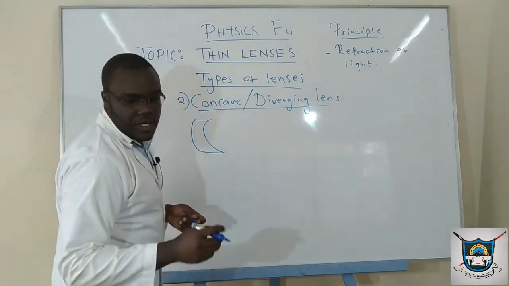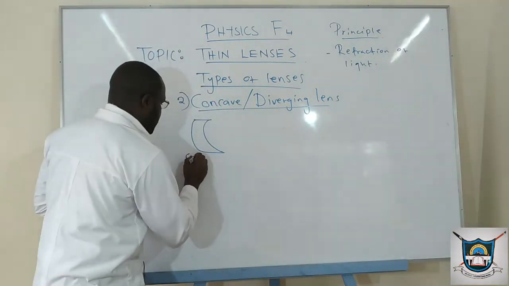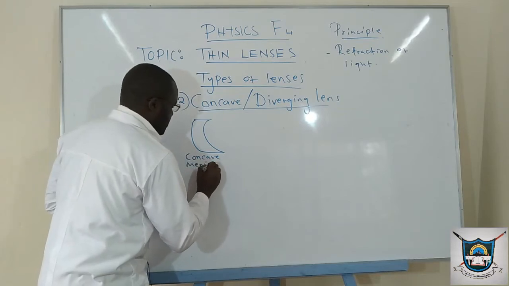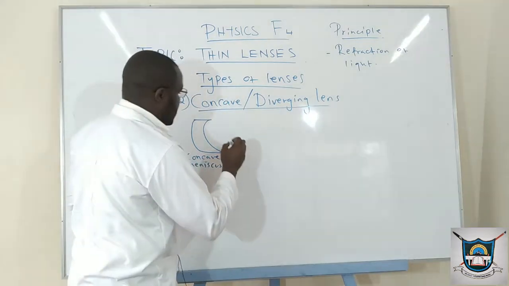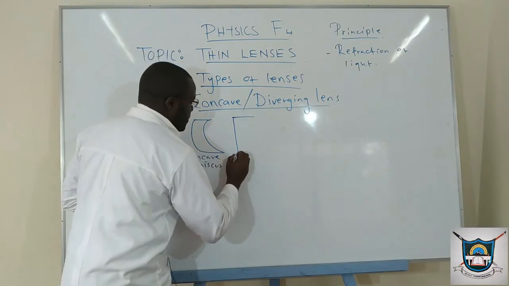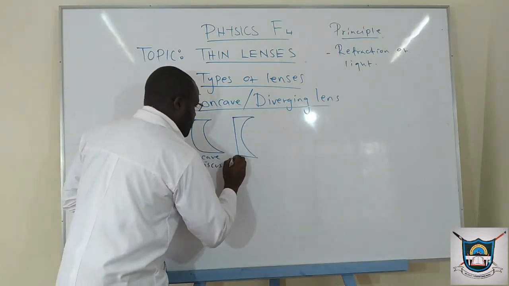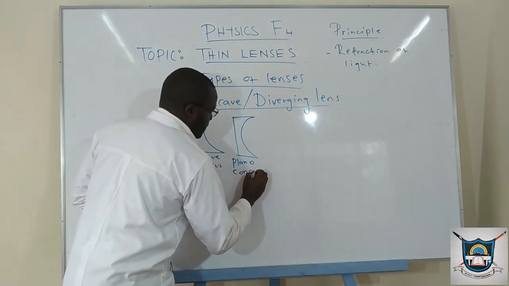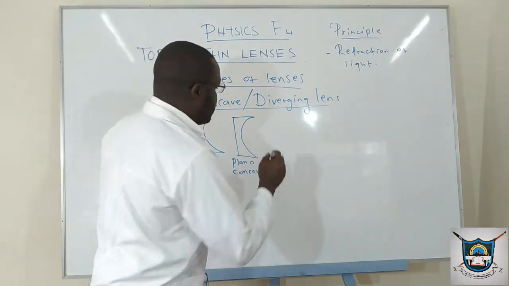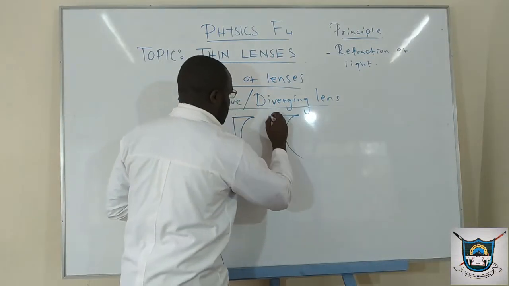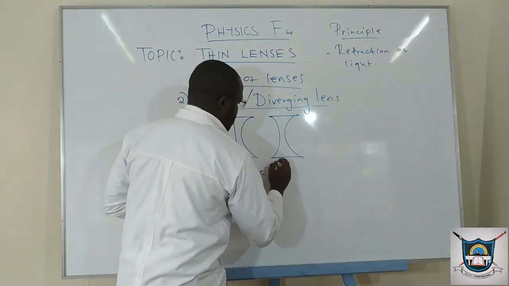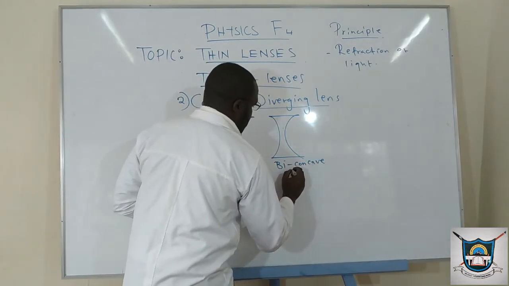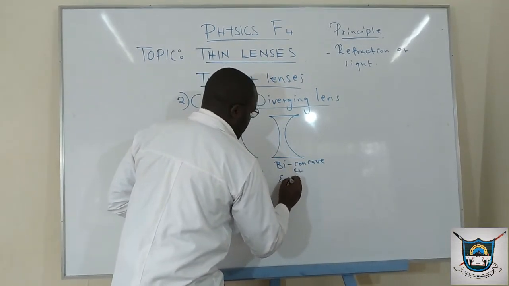This is known as a concave meniscus. We also have another type, this one here, known as a plano concave lens. Next, we have this one. This is a biconcave lens, also known as equiconcave.